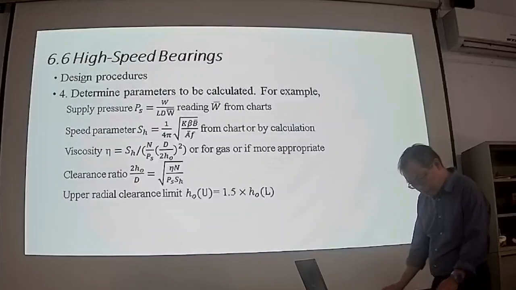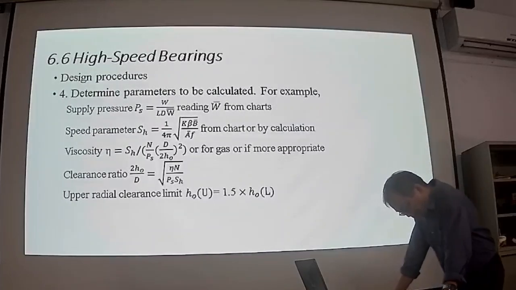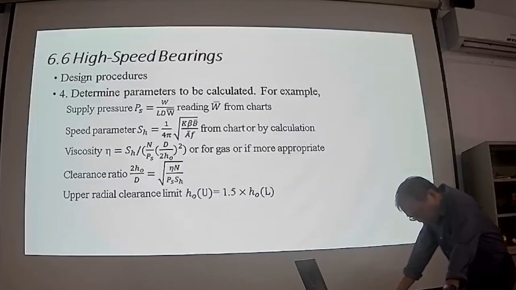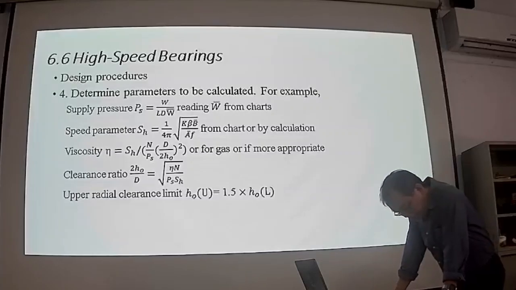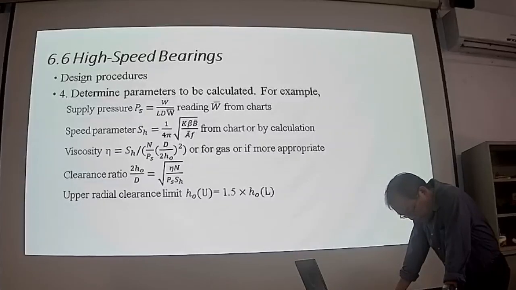So you can look at page 121. So you can choose a bearing type. For example, the recessed journal bearing. And the second step is that you can determine the parameters constrained by the machine design consideration.